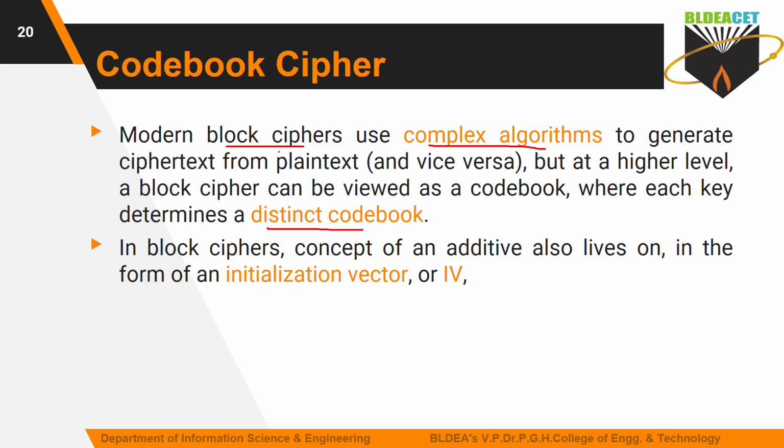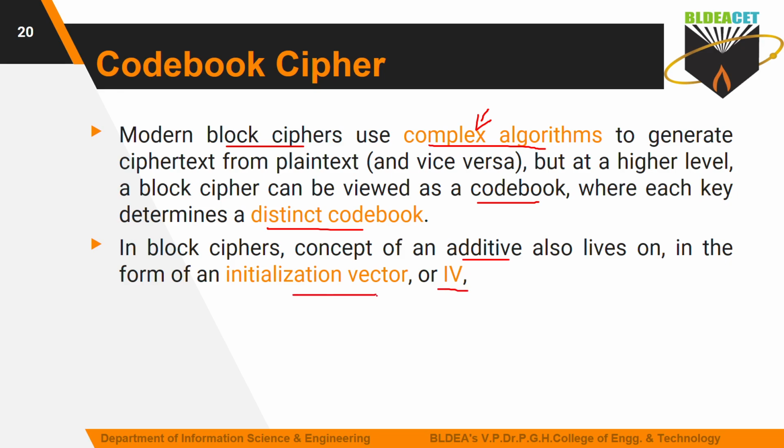If you are using the block cipher, the concept comes from the code book only. But the algorithms you are using to generate this ciphertext are complex algorithms like DSA, RSA here. There also you are using an additive method as an initialization vector.